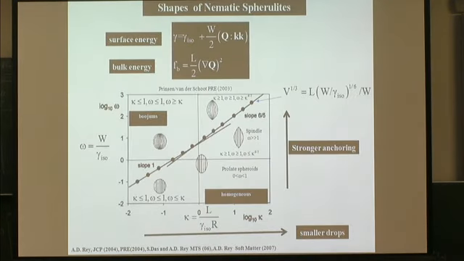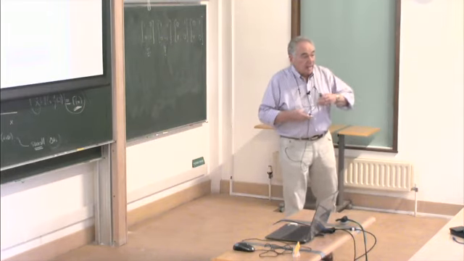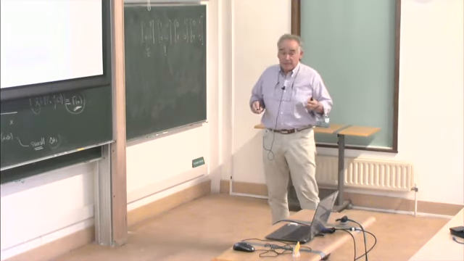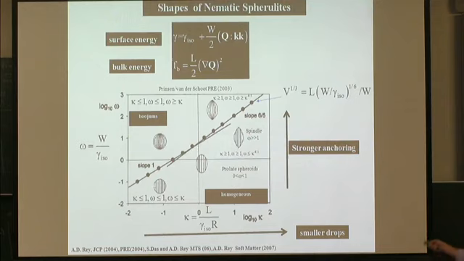So this is motivated. We do have a phase diagram that tells you what is the shape of tactoids and drops, etc. This phase diagram is derived and explains a lot of the physics using this type of surface free energy. It has an isotropic component and an anchoring component. So this surface energy depends on the inner product of the Q tensor and the unit normal, k.